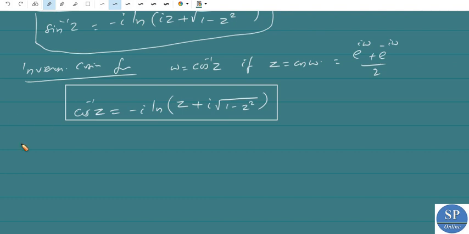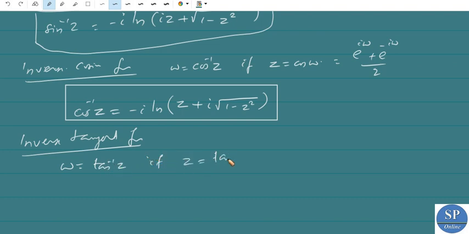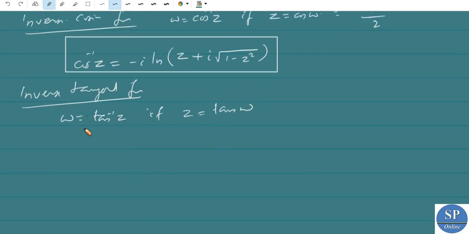Now similarly we can find the inverse tangent function, that is w equal to tan inverse of z if z is equal to tan w. So to find tan inverse of z, we can write tan inverse of z is equal to w.